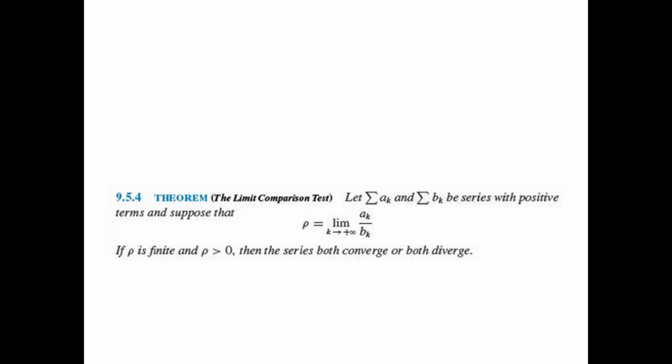If rho is finite and rho is greater than 0, then the series both converge or both diverge. If you're not very comfortable with this, this might look like the ratio test. We're not using the ratio test here. There is a ratio, but you're not comparing the terms of only one sequence. You're comparing the terms of two sequences. I'm sorry, two series. Okay, so keep that in mind.